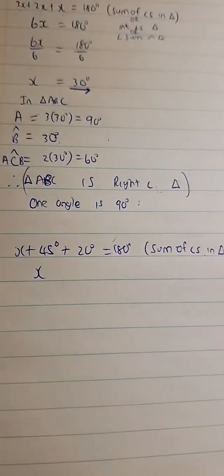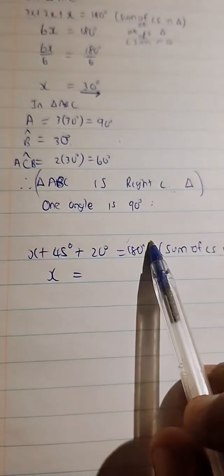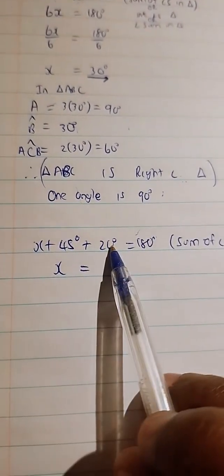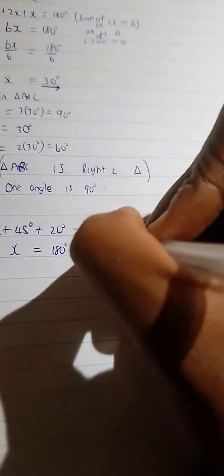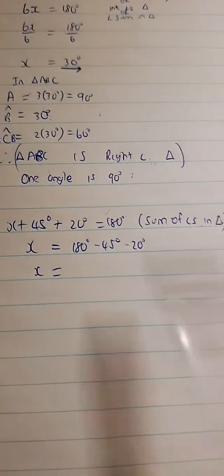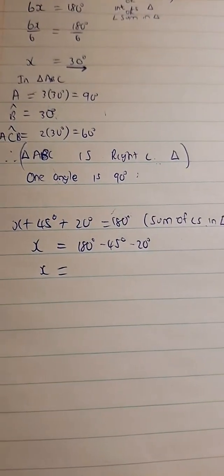Then, as has been said, you transpose the 45 plus 20 to the other side, which is 65. So then we have 180 minus 45 minus 20. If you transpose everything else, then you are left with what? What's the value of x? 180 minus 65, or 180 minus 45 minus 20.